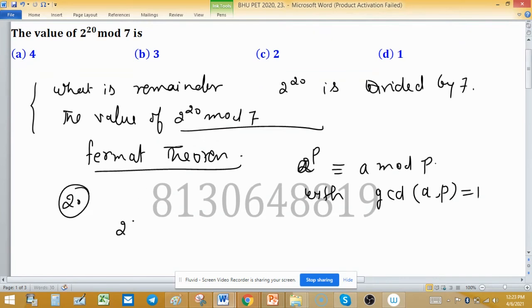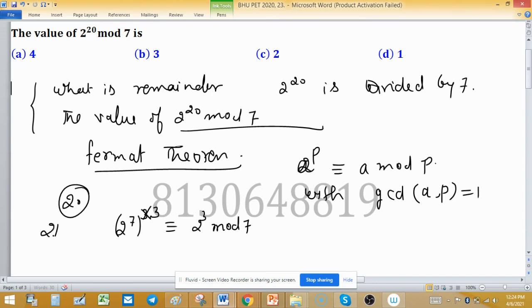So 2 raised to the power 7, because mod 7 is given, 2 raised to the power 7 congruent to 2 mod 7. Because we need 21, make 3 here, 7 times 3 is 21.